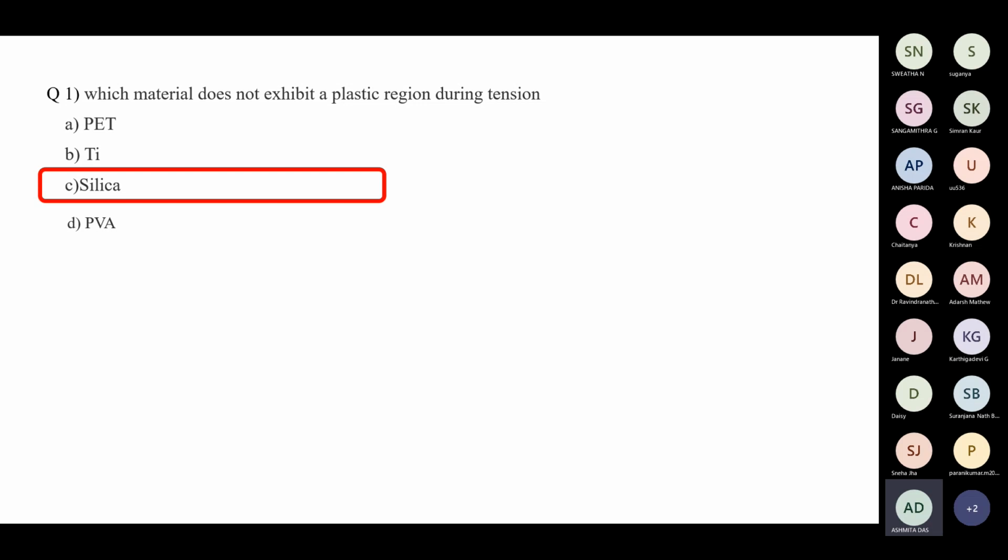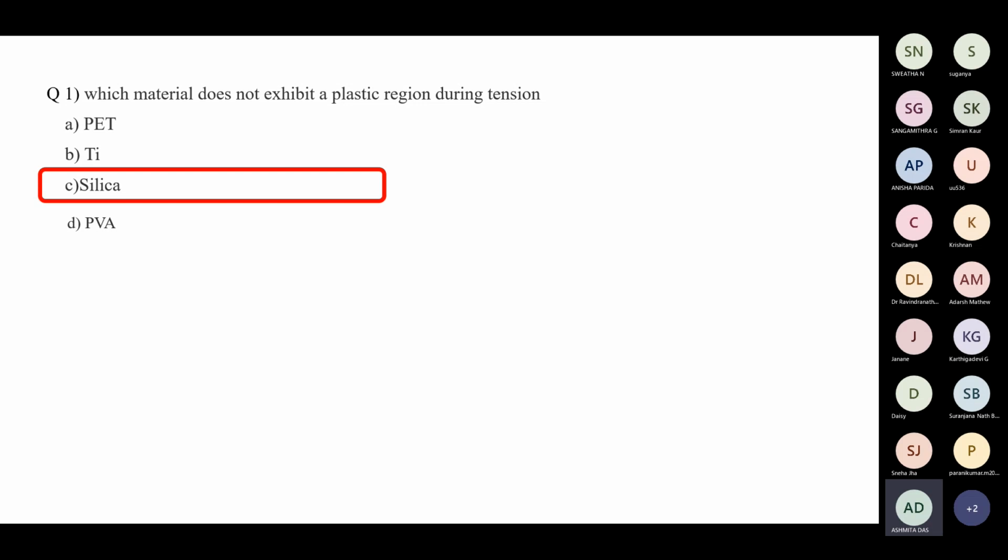As the strain increases, the stress also increases. And if we remove the strain, it will come back to its previous state. But after the C point, if we remove the stress, we cannot get back to our previous structure. So that's why beyond the C point, it's considered the plastic region.